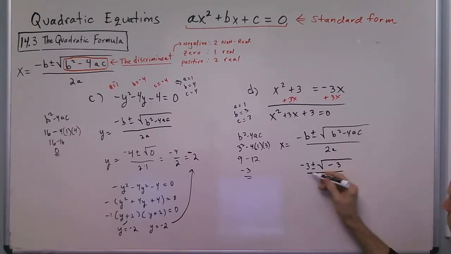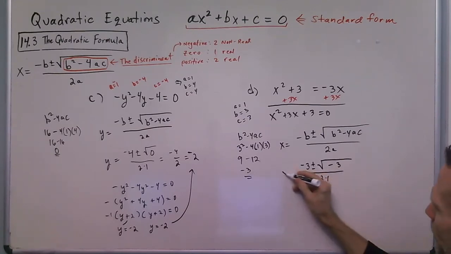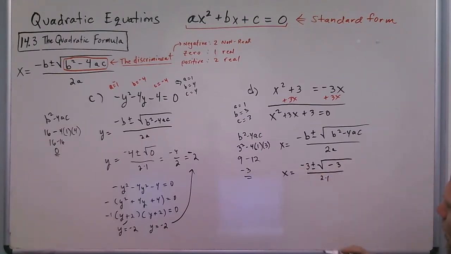Remember that needs to stretch the entire length here of the numerator. And so I get x is equal to negative 3 plus or minus radical 3i over 2. And do remember there's 2 solutions there.